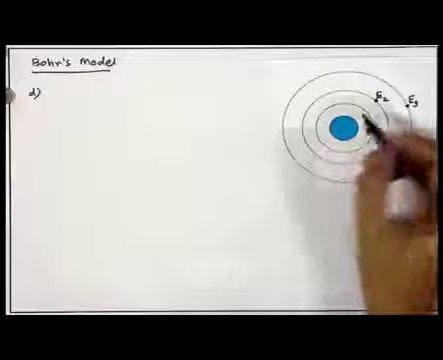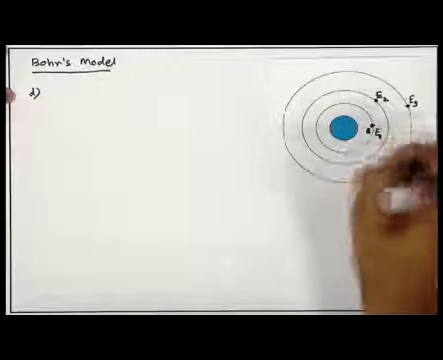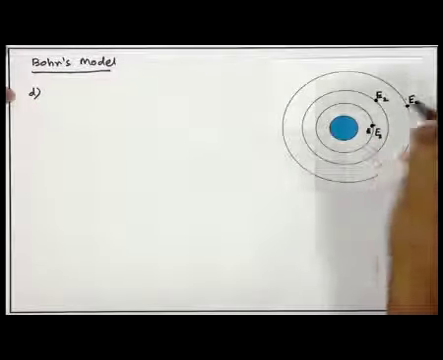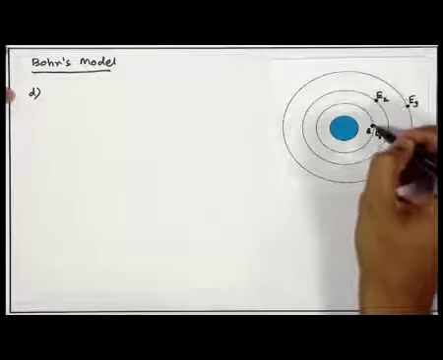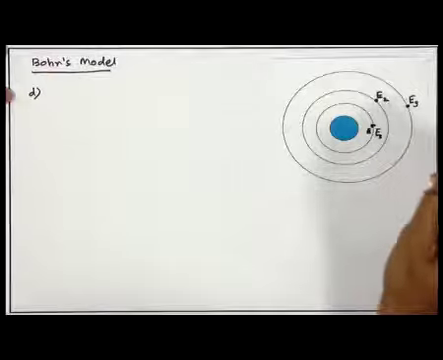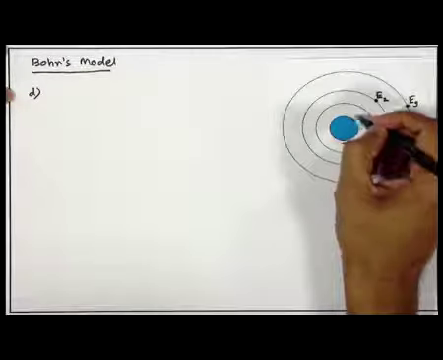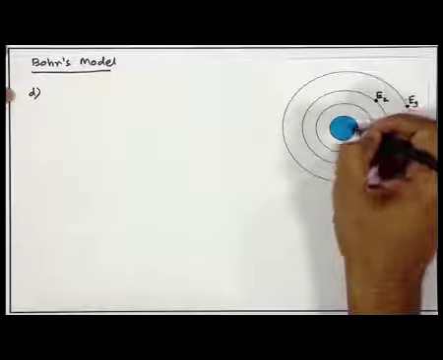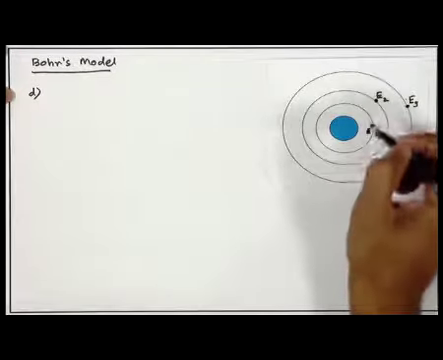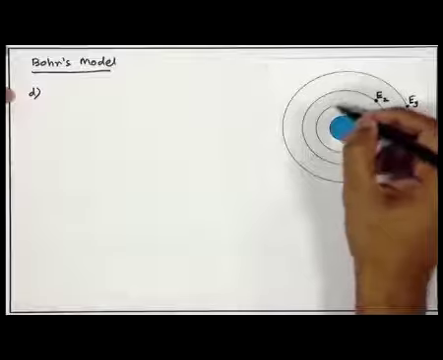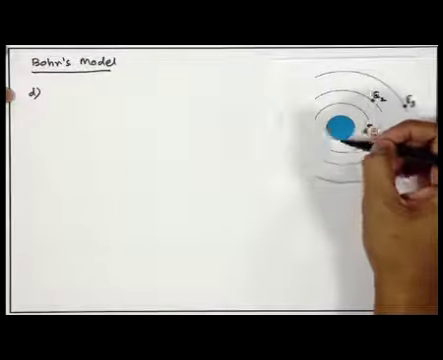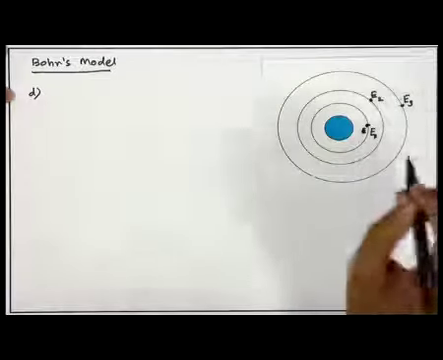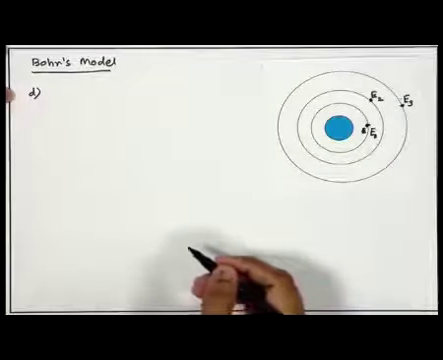Niels Bohr suggested the electron goes around this circular path, and each orbit has a certain amount of energy, E1, E2, E3, but what is the value of the radius of these orbits? Can the electron choose any radius that it wants, or is there a restriction? Niels Bohr imposed a restriction on them.